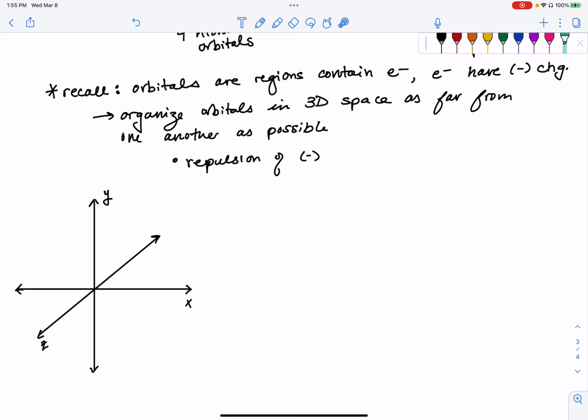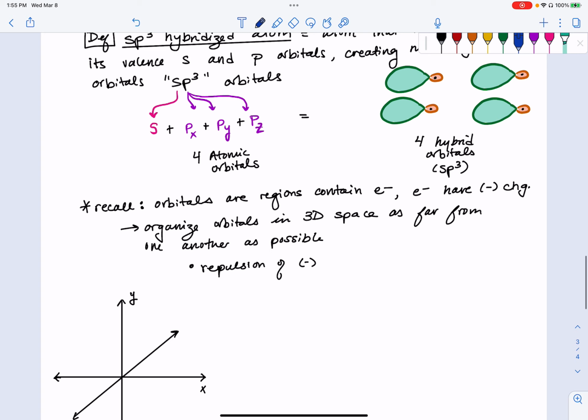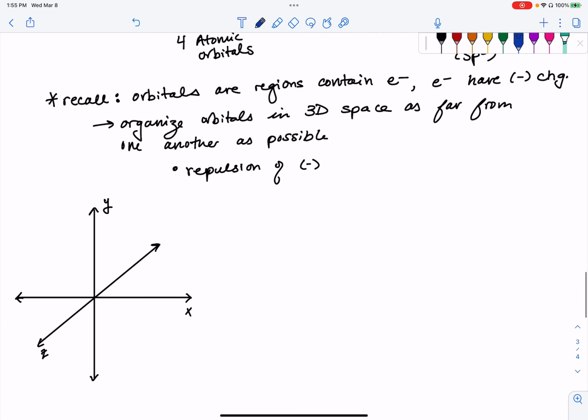So if I want to organize these orbitals, these kind of lobe shapes, presuming that my nucleus is in the center, or the origin, of this Cartesian system, then we see that there is one way to do this that maximizes the distance between our orbitals. Okay, I think it's best if I draw it this way, though I'll show you a different perspective.